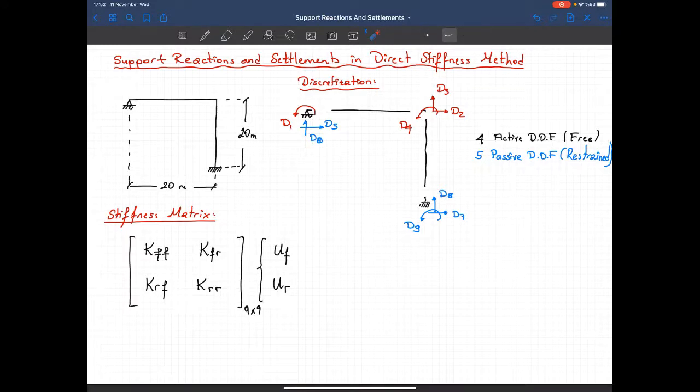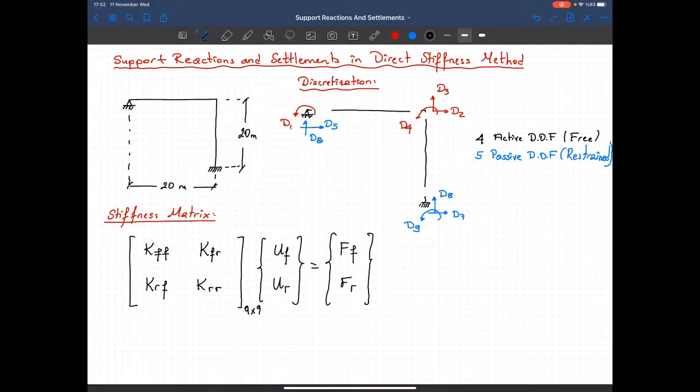I know that they are equal to 0 if there are no support settlements. And that should be equal to, here I have the unbalanced forces at the nodes, and here I have the support reactions, or the forces at the restrained degrees of freedom.